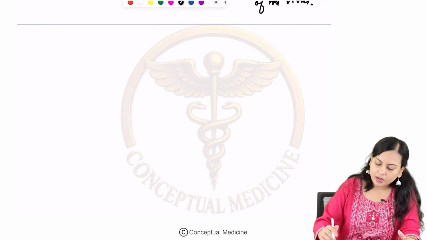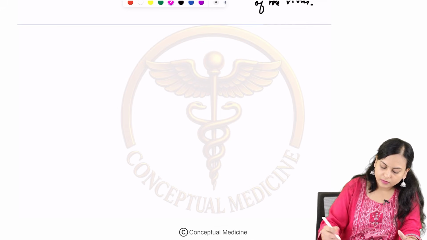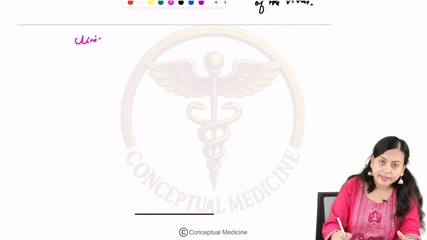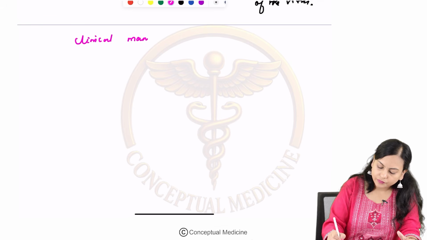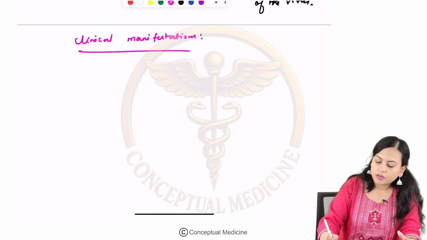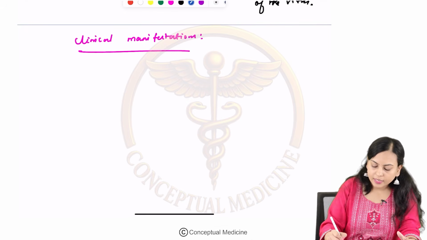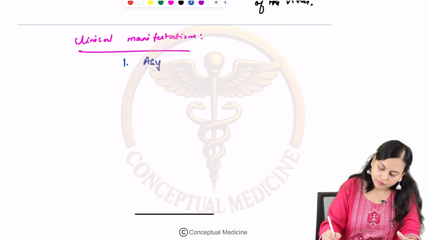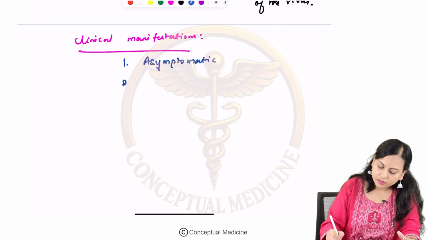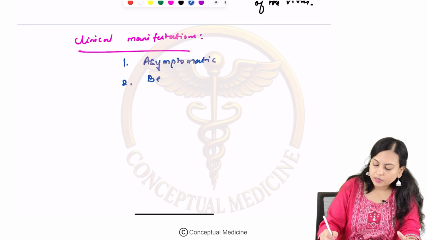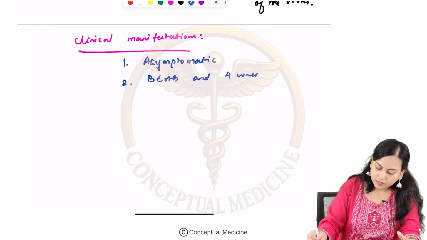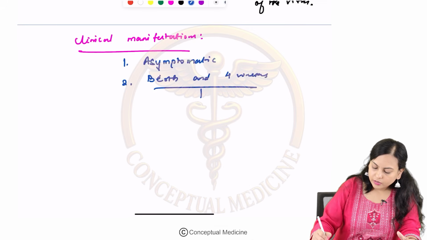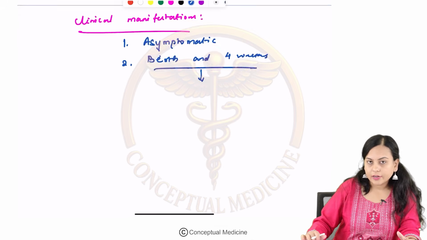Okay, and if we see the clinical manifestations, most of them are asymptomatic at birth. Then between birth and 4 weeks, you will be able to see 3 kinds of manifestations.